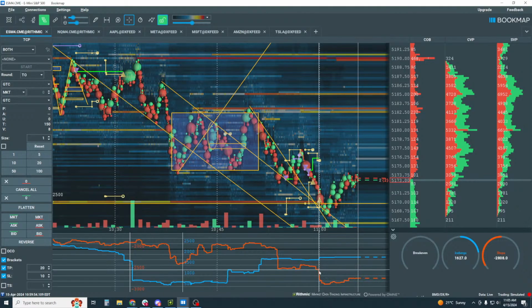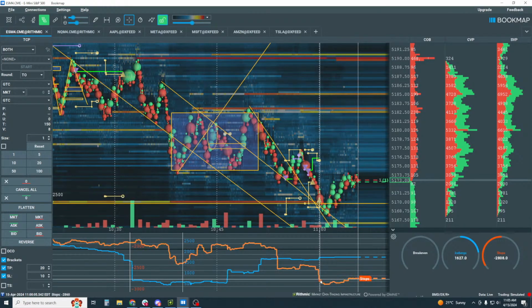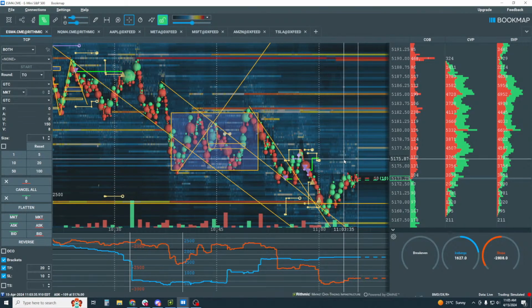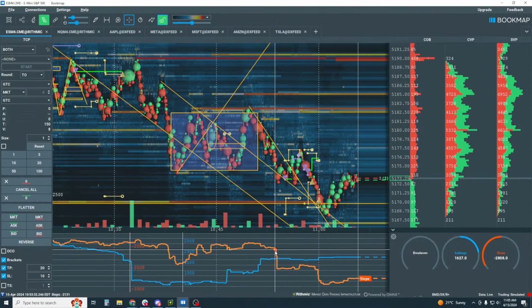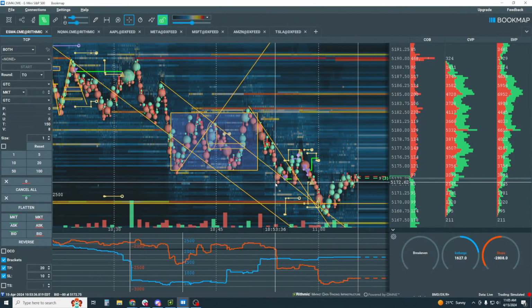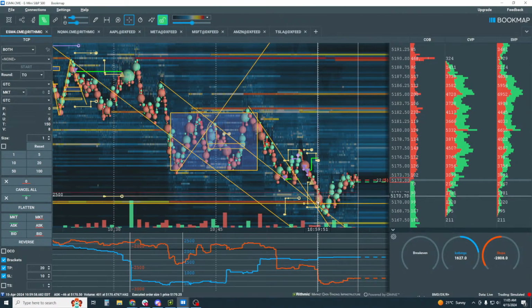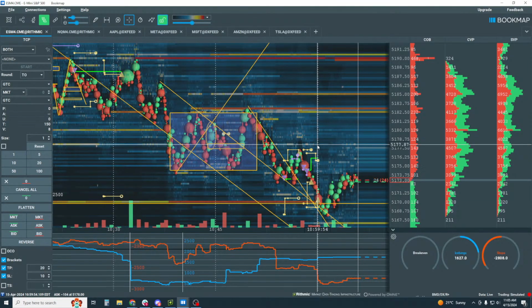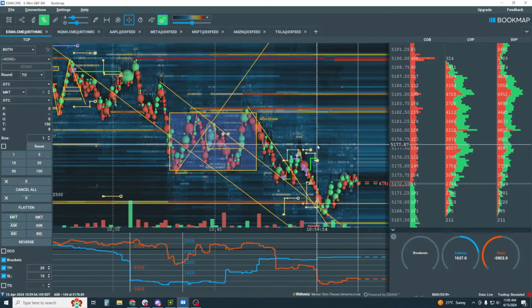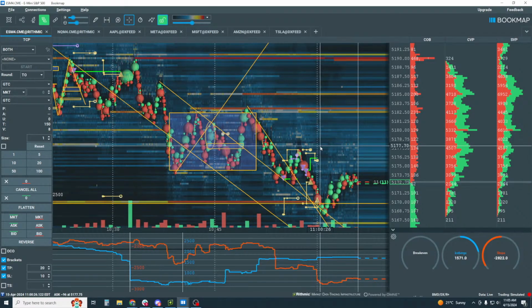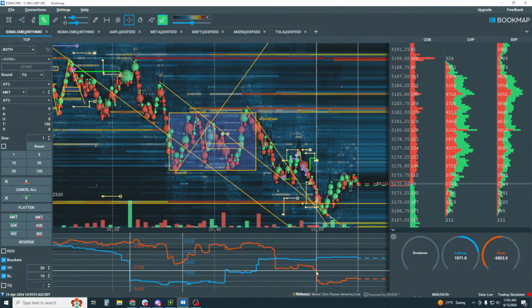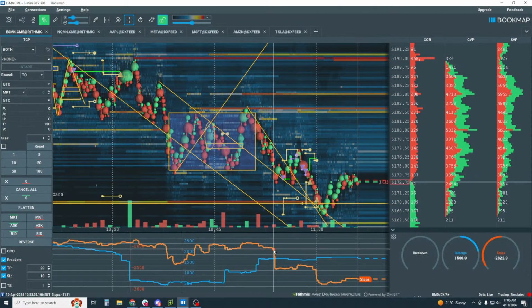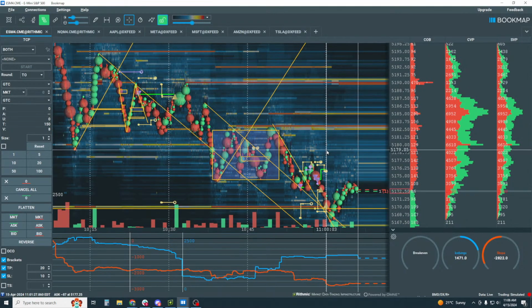Most of the time the stops here are stop losses, and stop runs. This is clearly a stop run, and also in here these are stop runs. So it's not just one trader, it's many traders getting stopped out. That behavior is a little easier to understand and read in here.